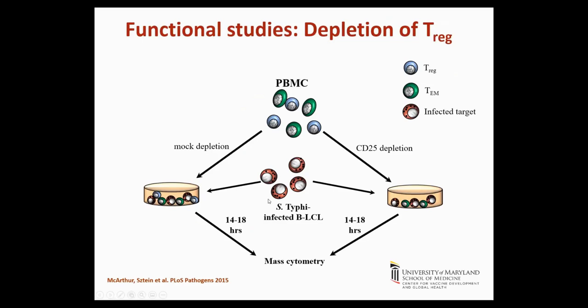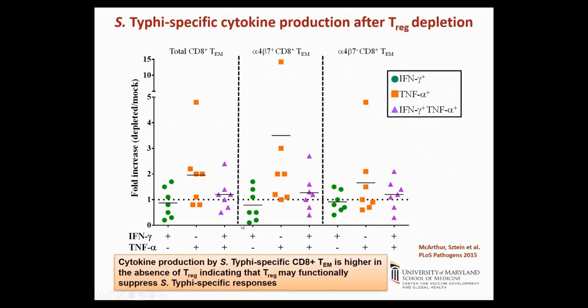mass cytometry, and that allowed us to measure many parameters at the same time, trying to see whether depletion of T regulatory cells has an effect on the T effector response. And this is what we have seen: once we deplete T regulatory cells, these are the fold increases of depleted versus non-depleted.